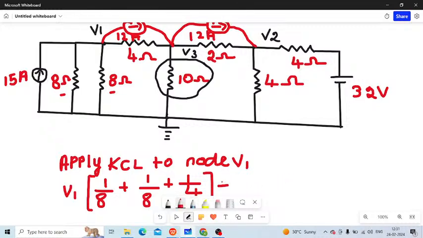So it is minus V3 by 4, right? Correct. Minus V3 by 4, which is equal to 15 minus 12, students.